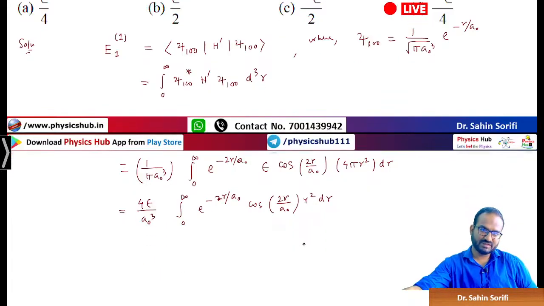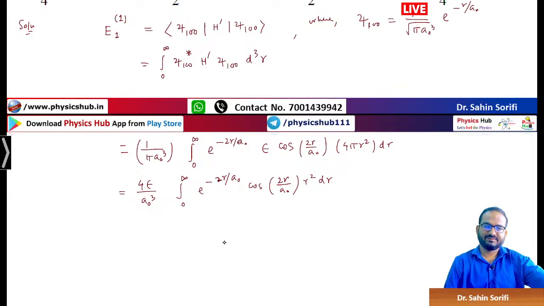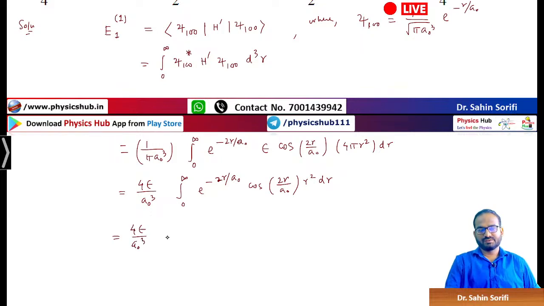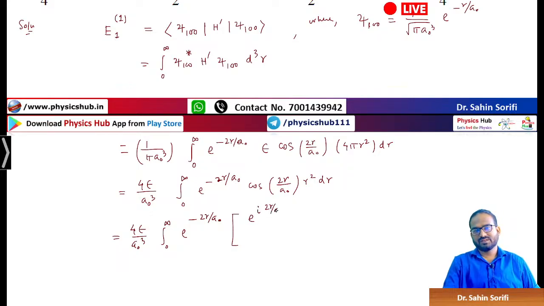So we are simplifying it in baby steps, small steps. This is equal to 4 epsilon by a naught cube, integral 0 to infinity e to the power minus 2r by a naught. The cos function can be written in terms of exponentials: e to the power i 2r by a naught plus e to the power minus i 2r by a naught, divided by 2. That is the formula of cos: e to the power ix plus e to the power minus ix divided by 2.